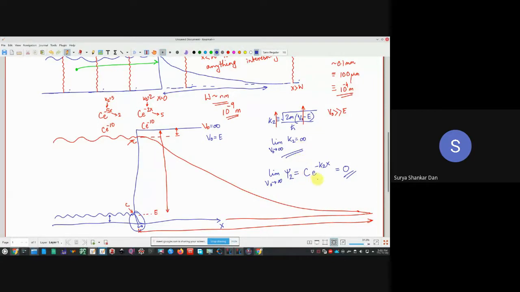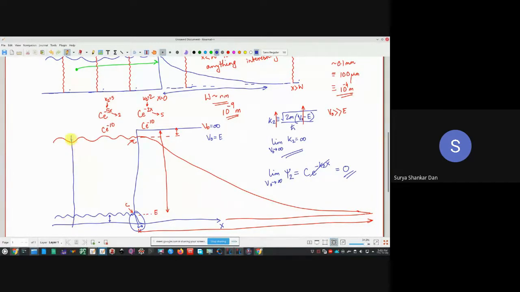V naught equal to E means K2 is equal to 0, है ना? Yes, yes. हाँ, तो अगर V naught equal to E है तो क्या होगा? मॉडल में बिठाओ. This factor will become 1. So throughout the entire, even if there is no barrier, you will always find the equal probability of finding it everywhere. In fact, that is essentially the same thing which happens if you consider as if there is a barrier here also.